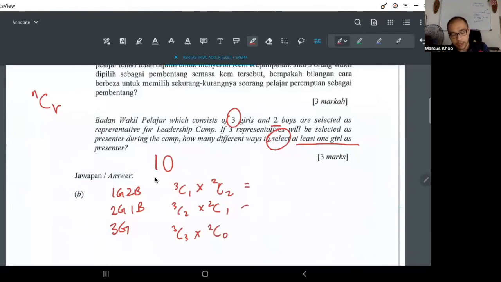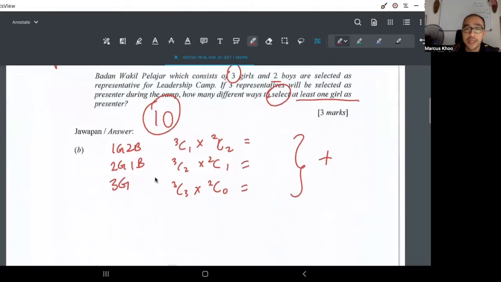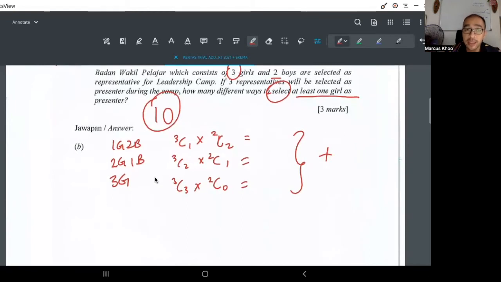Then you find these together and then you add all of them. And the answer will be just 10 ways. Yeah, I know, so much work just for the answer number 10. But again, at least 1 girl means 1 girl, 2 girls, 3 girls, then you just add them all together. This is a very normal exercise question. You can find this in the textbook also.